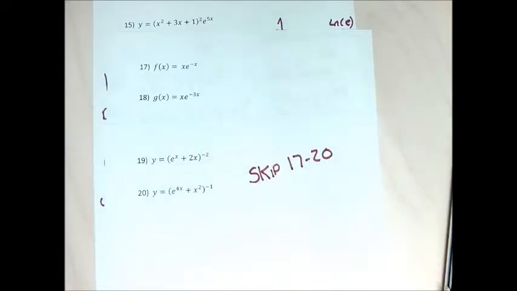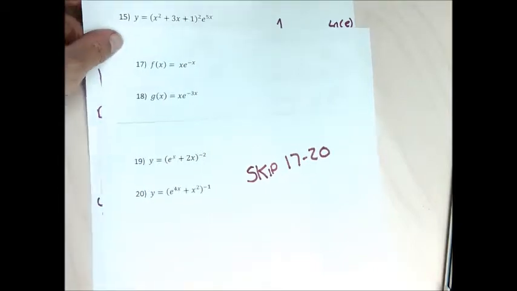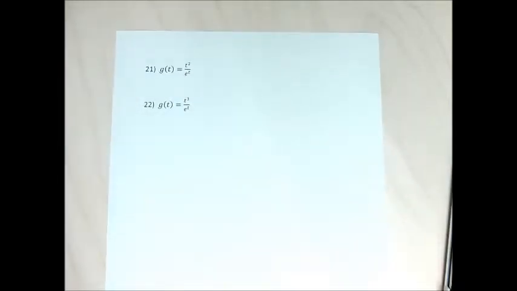So you can give those a try. Check my solutions manual if you want to just try them, but you don't have to do them. A few more, and then we'll get into a part 2 of this video.